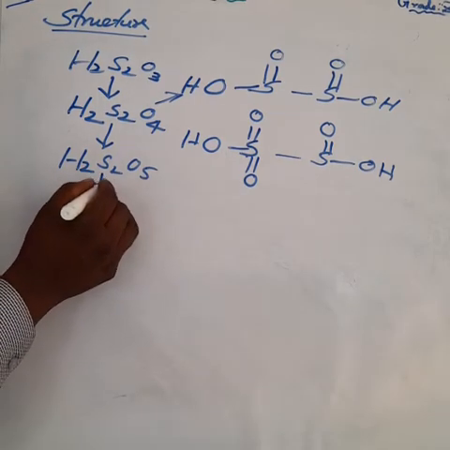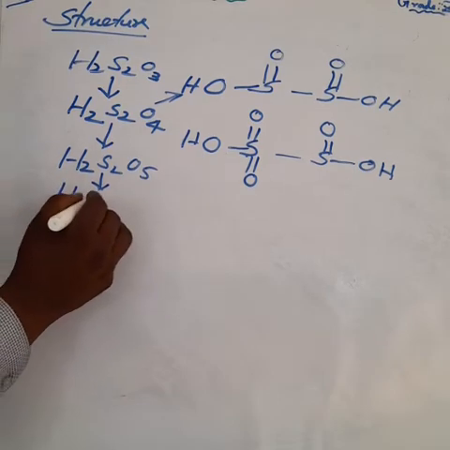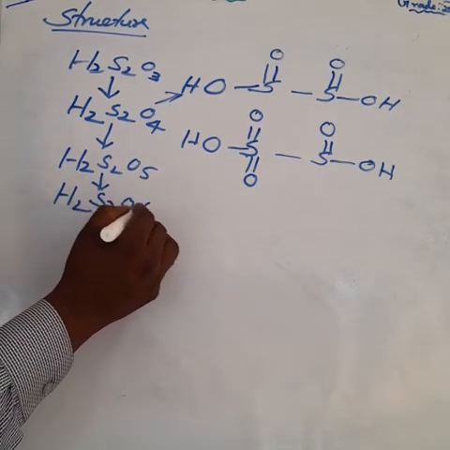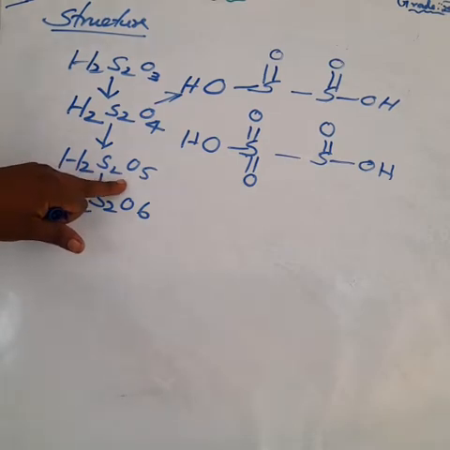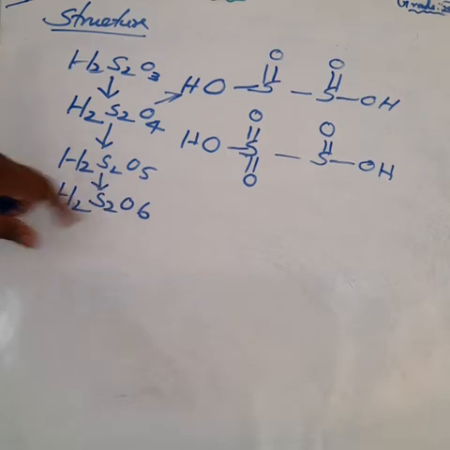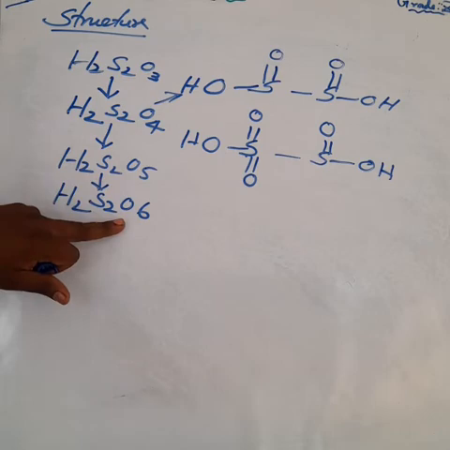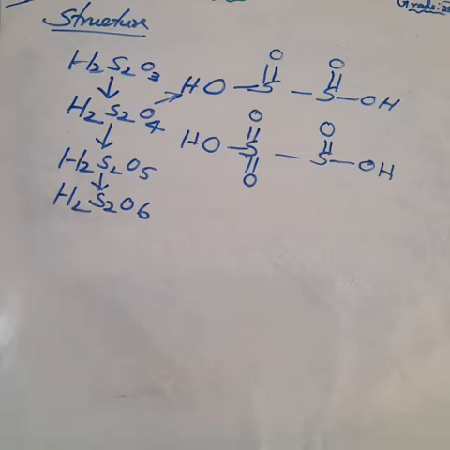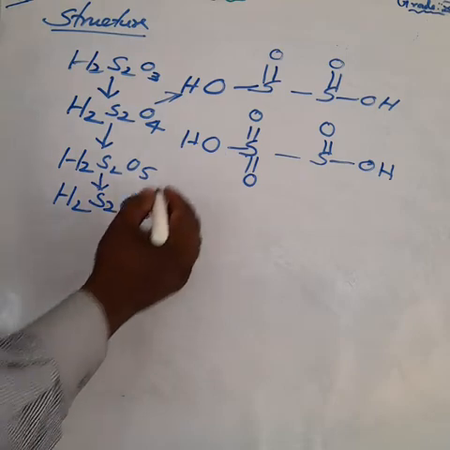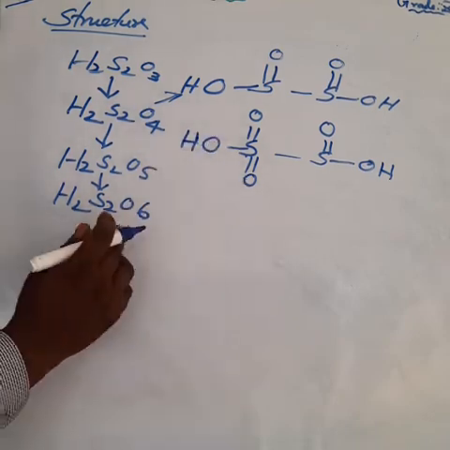Next, about dithionic acid. What is the formula? H2S2O6. Again, I am adding one more oxygen to the previous compound, H2S2O5. If I add one more oxygen, we get dithionic acid. What is the formula? H2S2O6. Okay. That is six oxygen atoms.